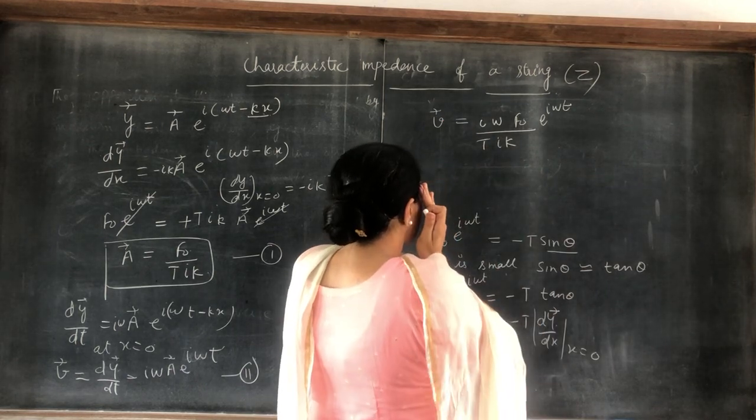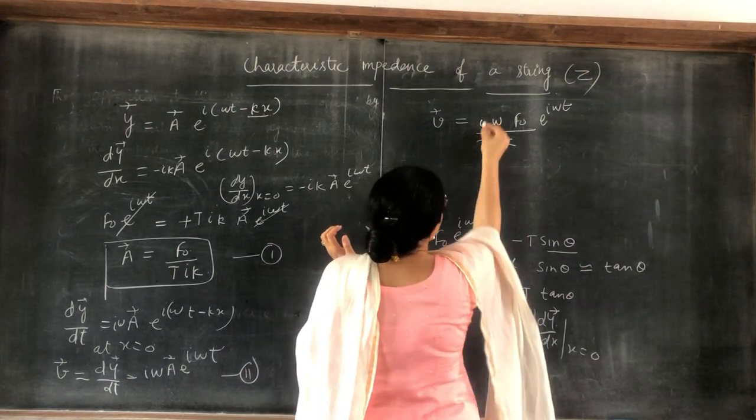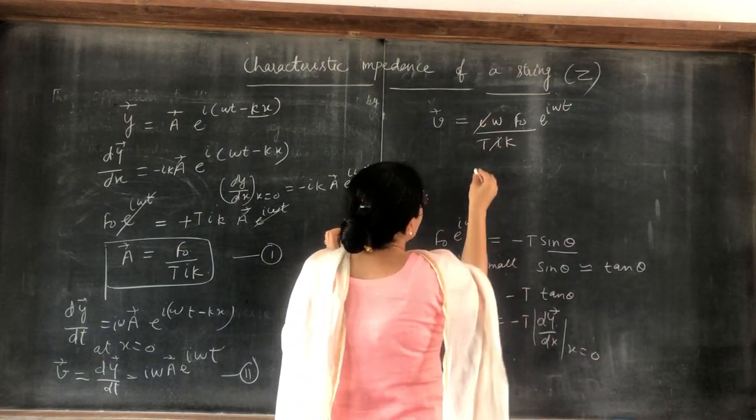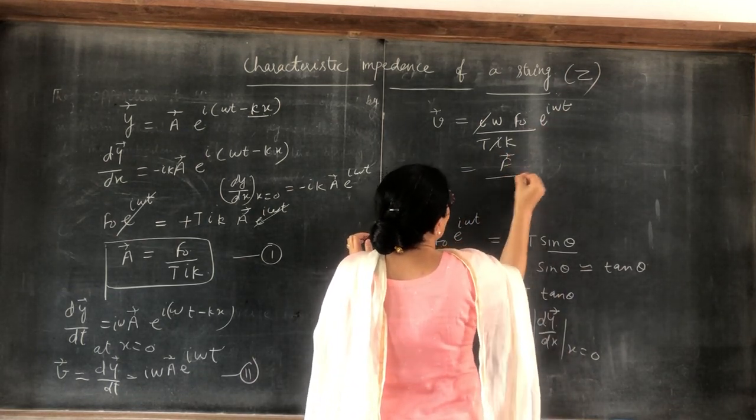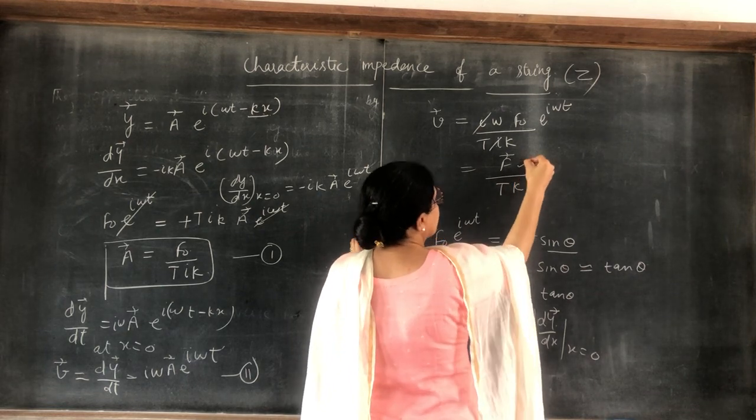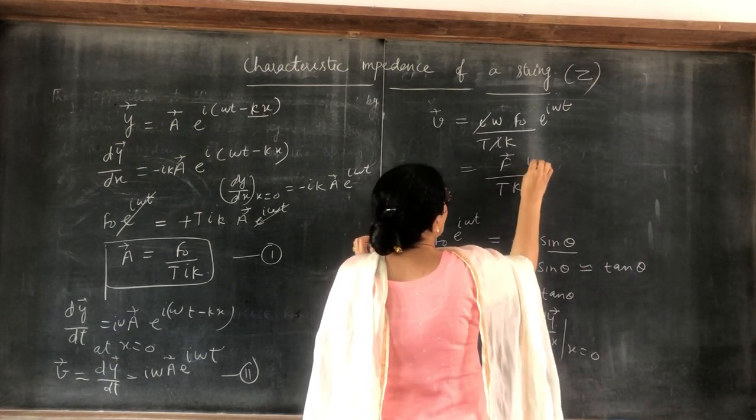Clear? And this iota goes with this iota, and f naught e raised to iota omega t is f, the transverse force, over Tk into omega.